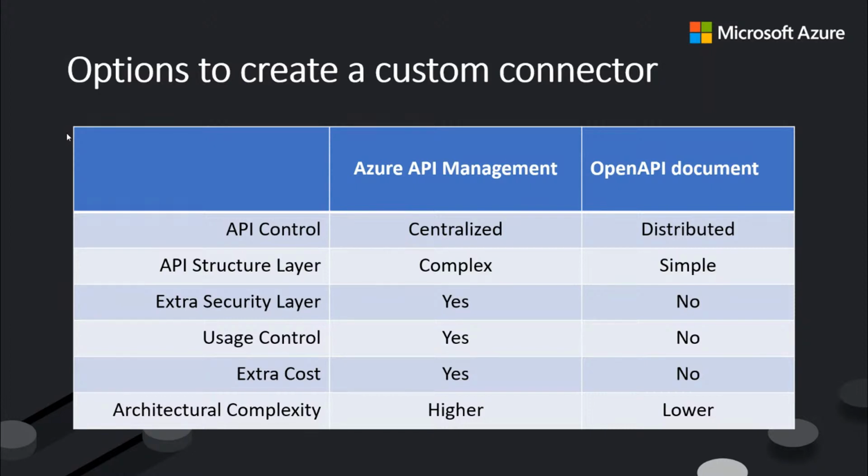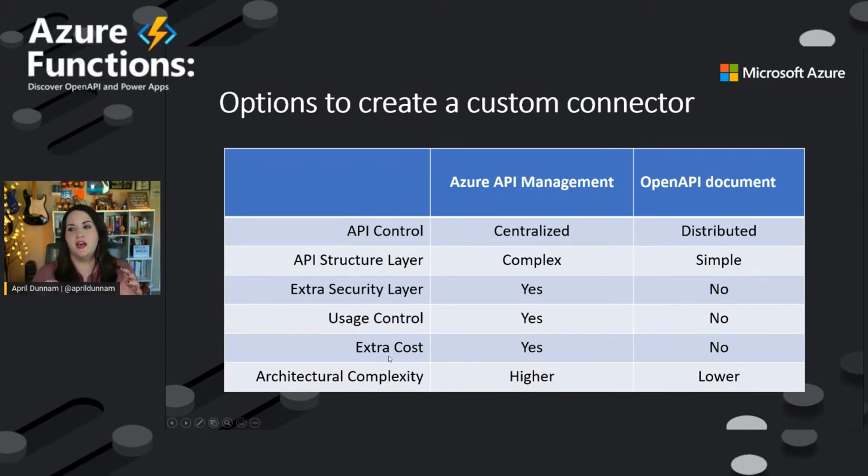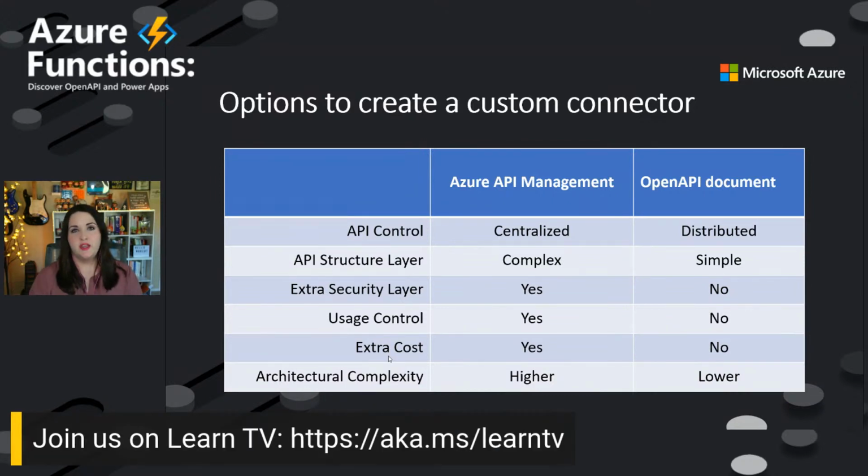In the structure layer, Azure API Management is going to be more complex, where an OpenAPI document is more simple. So when it comes to basically having a centralized location, extra security layers, extra usage control, and all of that, Azure API Management has a lot of benefits. Of course, being in Azure there, it's maybe a little bit of additional cost and additional architectural complexity. So those are the key differences there.